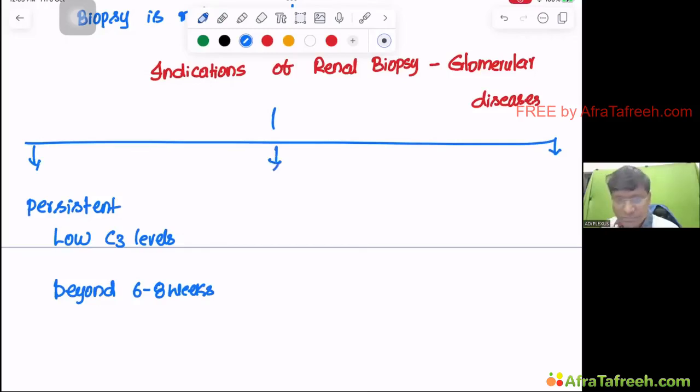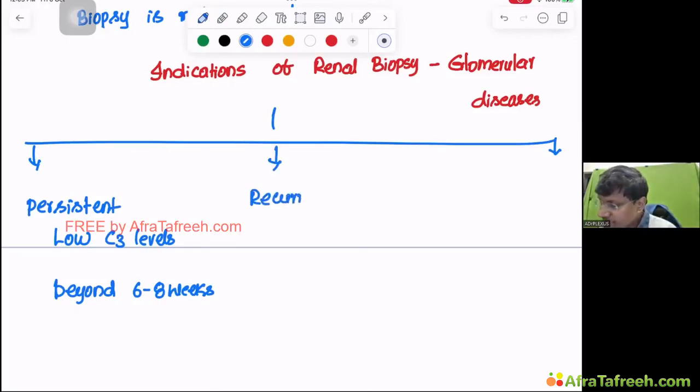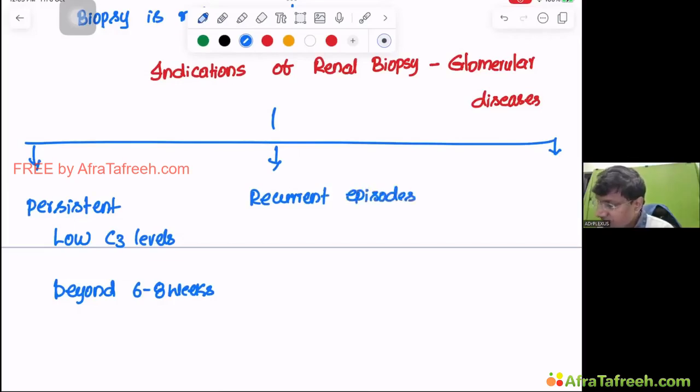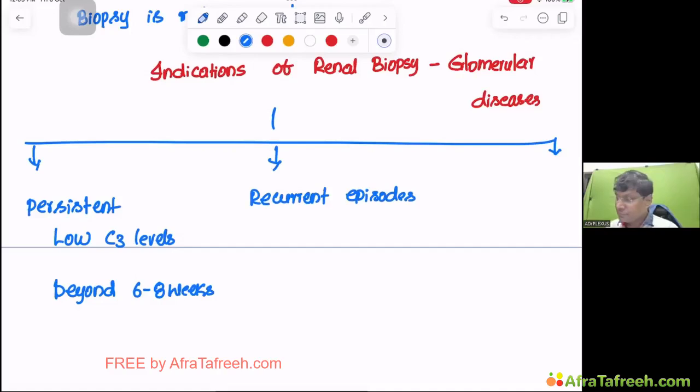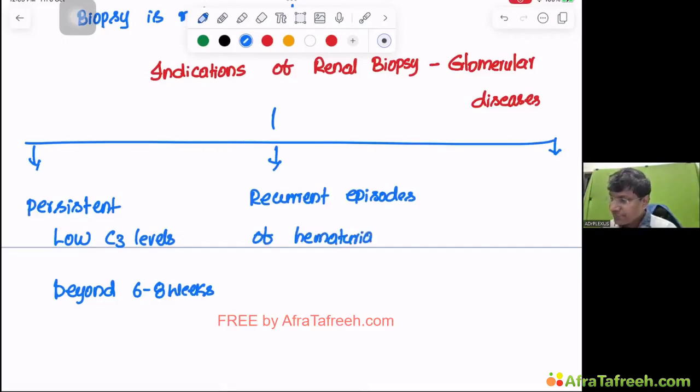Next, if the patient is having recurrent episodes of hematuria, normally recurrence in case of PSGN is very, very rare. But if there are recurrent episodes of hematuria, then it's an indication for the biopsy.